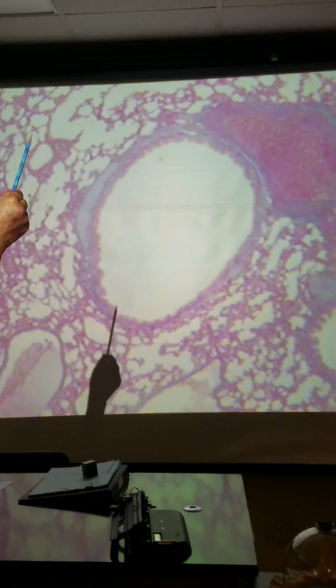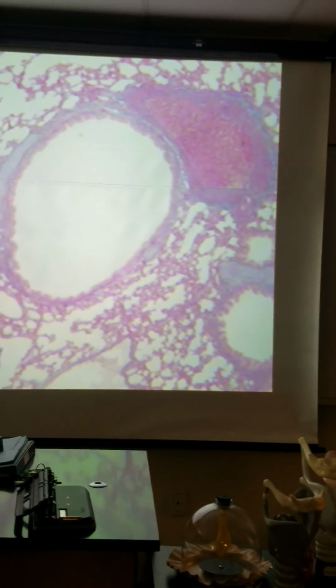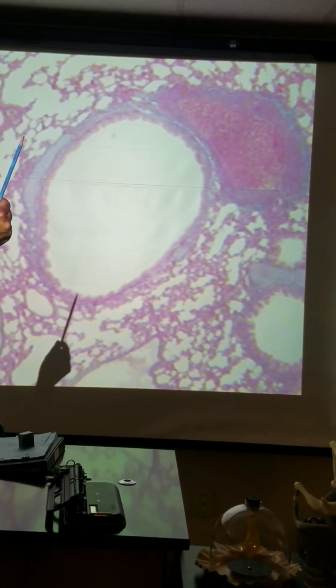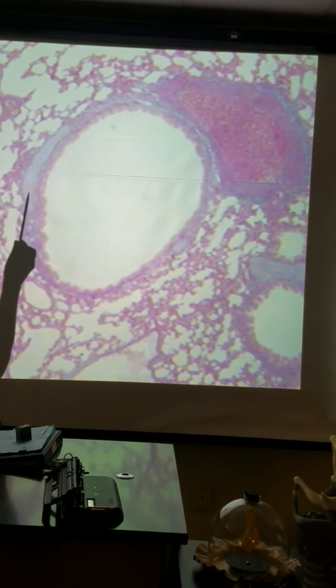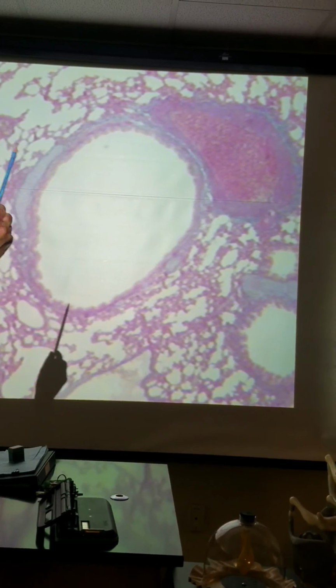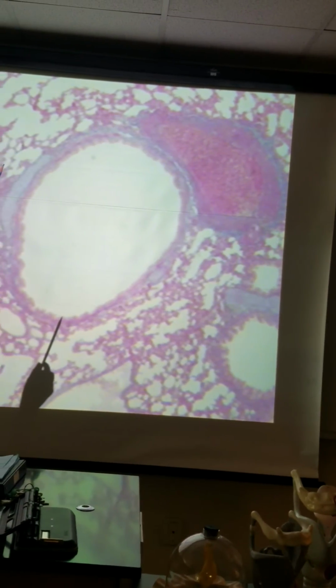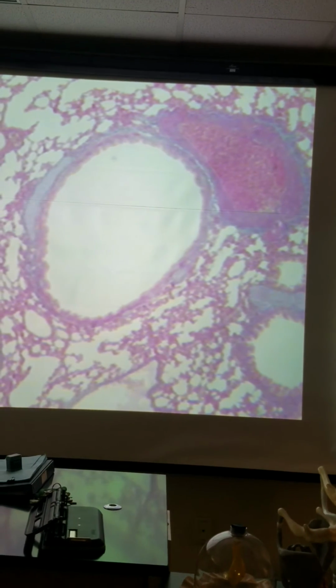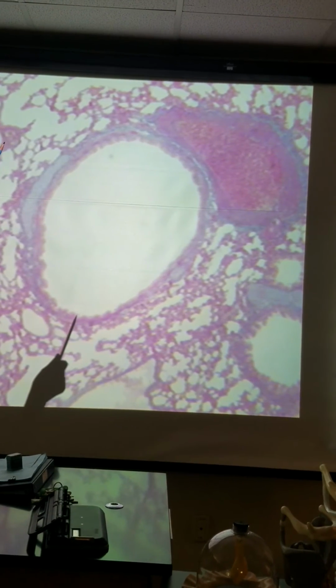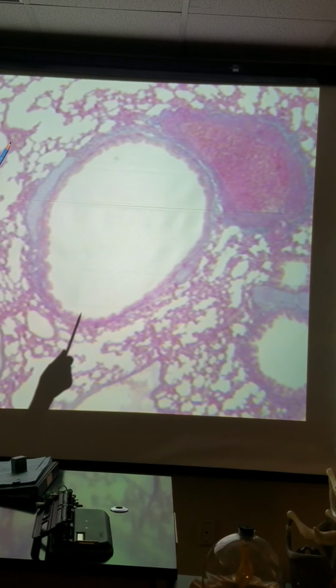Now, a bronchiole will be devoid of, and generally a little bit smaller, but sometimes they're pretty broad. You just won't see any hyaline cartilage. It's a little difficult to differentiate the mucosal tissue like that, because on that level of magnification, you can't quite see the forest through the trees.